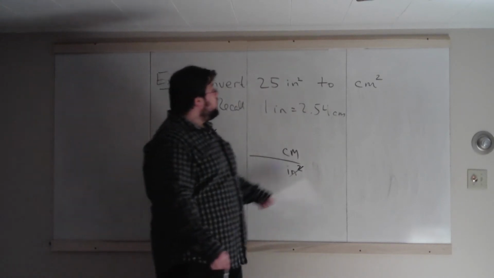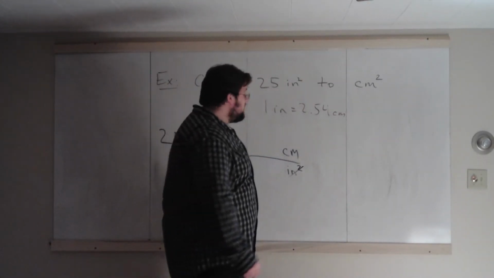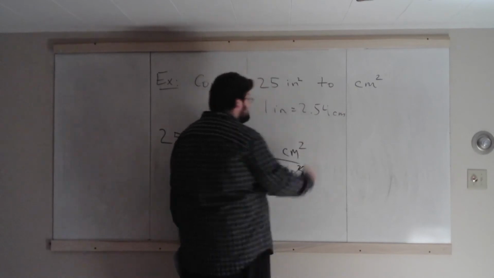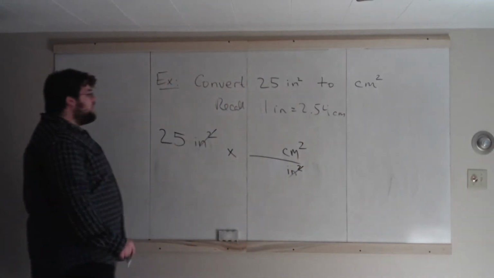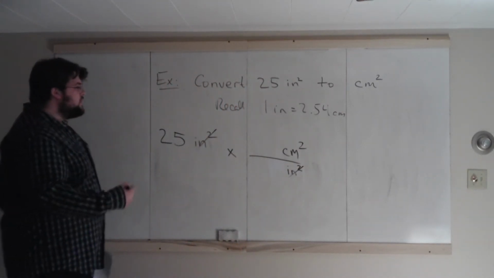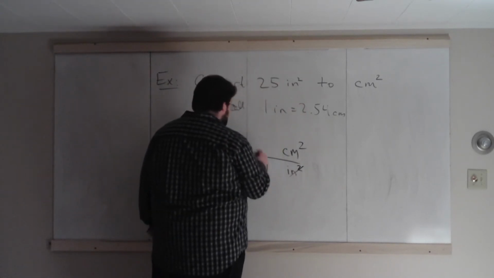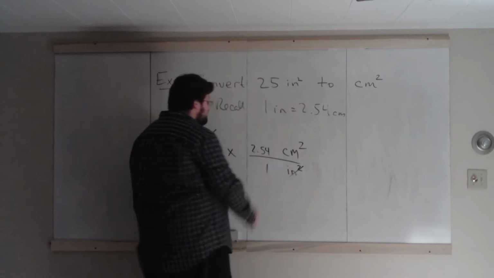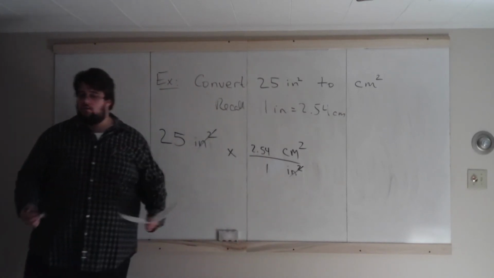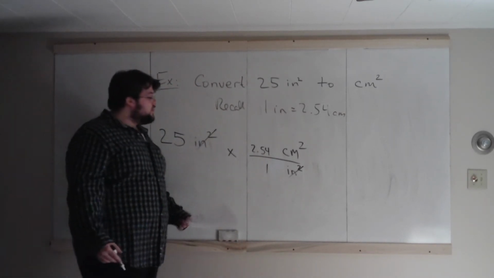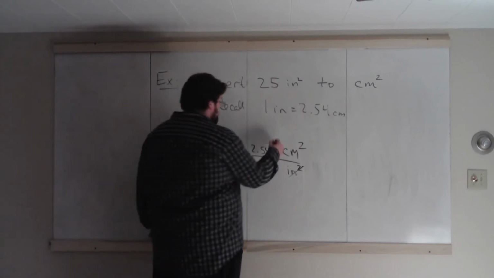Similarly, we want our answer to be in square centimeters, so we also need to square the centimeters. Now, how does that show up using these numbers? Well, we still use the same conversion factor, 1 to 2.54. But we had to square the units, so we also have to square the numbers.